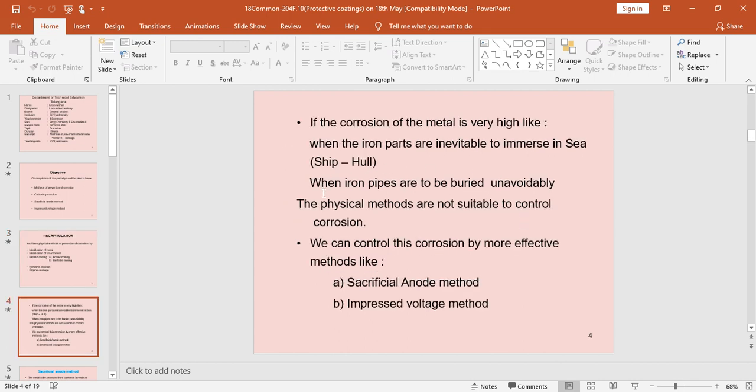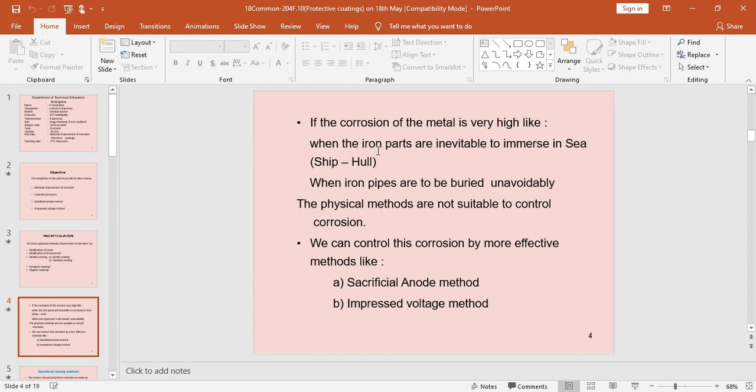Now see here, some introduction to controlling corrosion by using cathodic protection. If the corrosion of the metal is very high, like when iron parts must be immersed in the sea, for example a ship hull, or when iron pipes must be buried unavoidably, the physical methods are not suitable to control corrosion. In both cases, physical methods are not suitable.